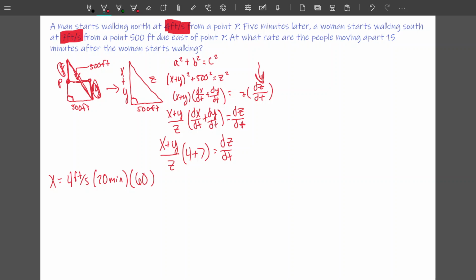So the minutes are gone, and we can get rid of our seconds. So that's going to be our x, and it's going to be the same with our y, but we have to be careful because the total amount of time the woman walked is different. She walked only 15 minutes. And again, we're just going to multiply by 60, so all that cancels out. So our x is going to, in turn, be 4,800, and our y is going to be 6,300.